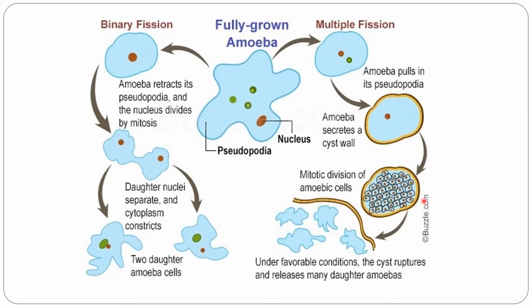Inside the cyst, mitotic division of the amoebic cells occurs, and under favorable conditions, the cyst ruptures and releases many daughter amoebas. So in such a way, amoeba reproduce following binary fission and multiple fission.